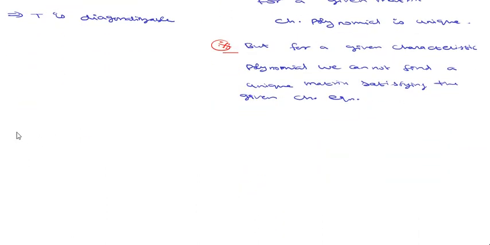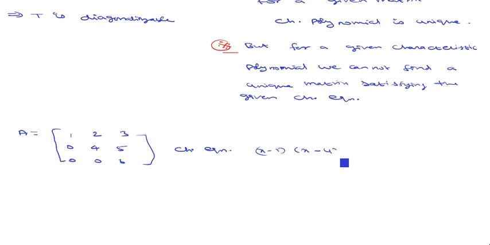We will see an example. Suppose we take A equal to 1 2 3, 0 4 5, 0 0 6. Here the characteristic equation is (x minus 1)(x minus 4)(x minus 6) equal to 0.